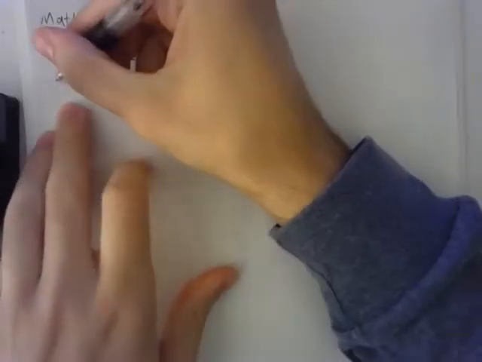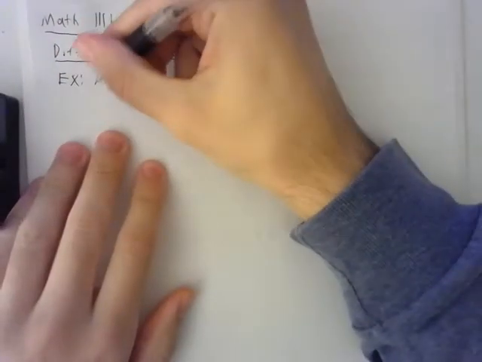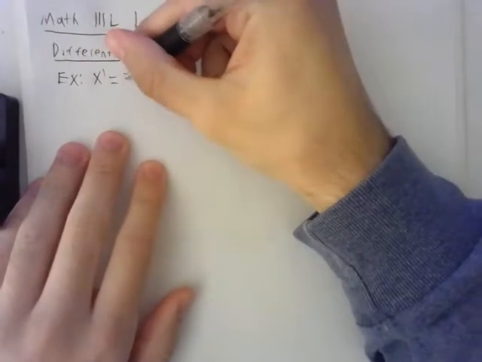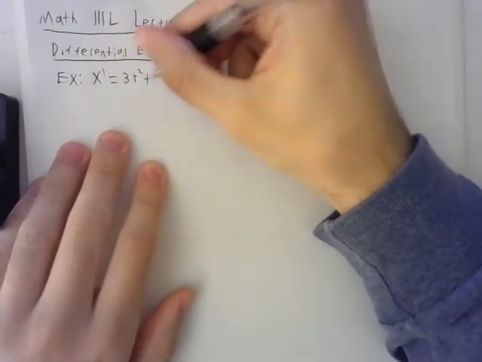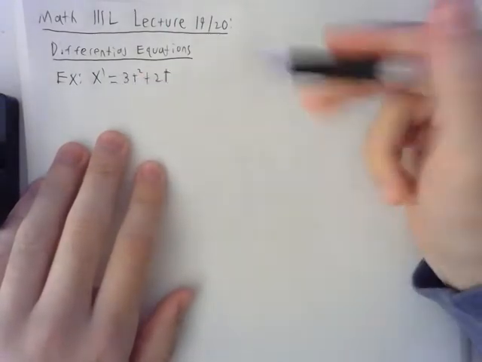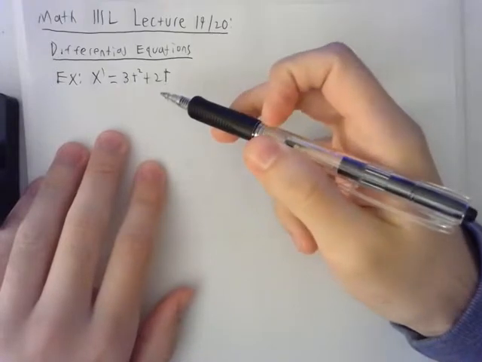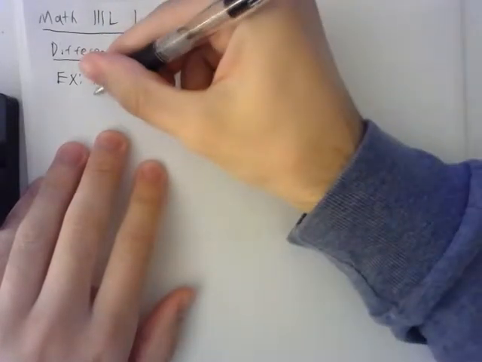So for example, we could have something like x prime equals 3t squared plus 2t, and we want to figure out what x is. Well, in this case, we can do this using the techniques we saw in the last lecture. We can take the antiderivative of both sides.